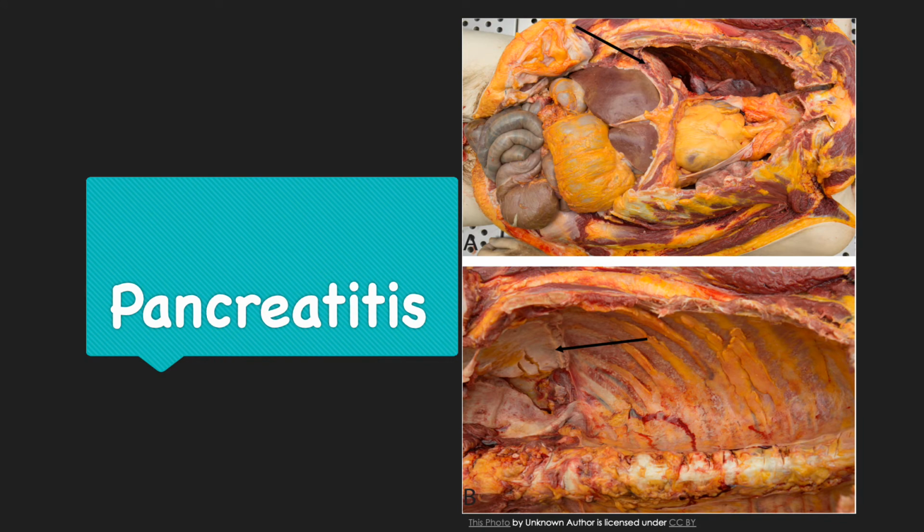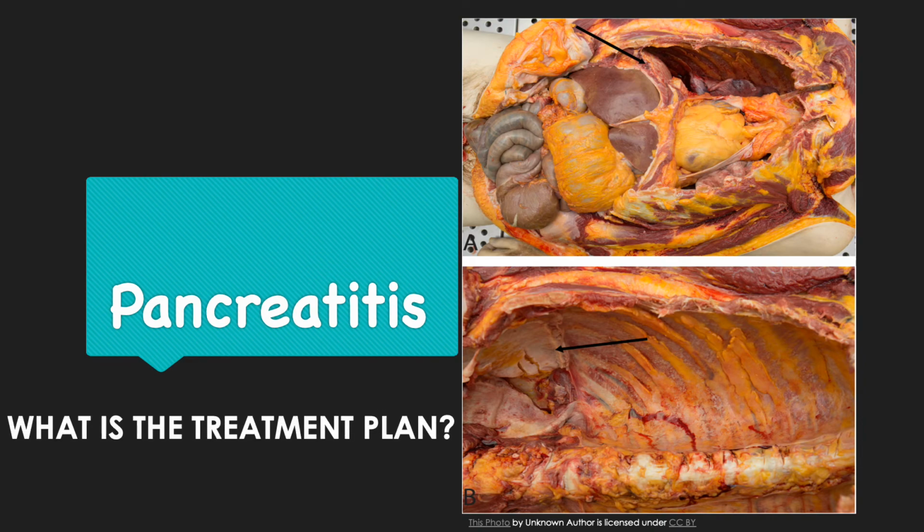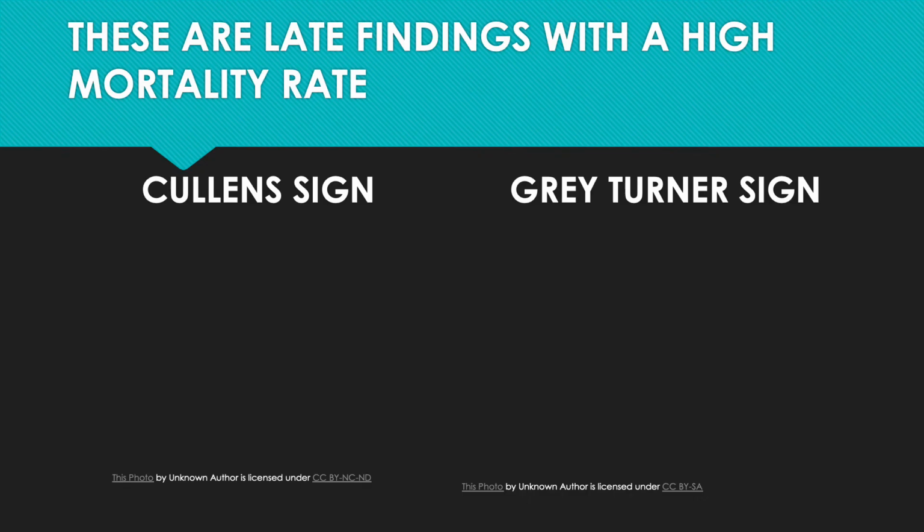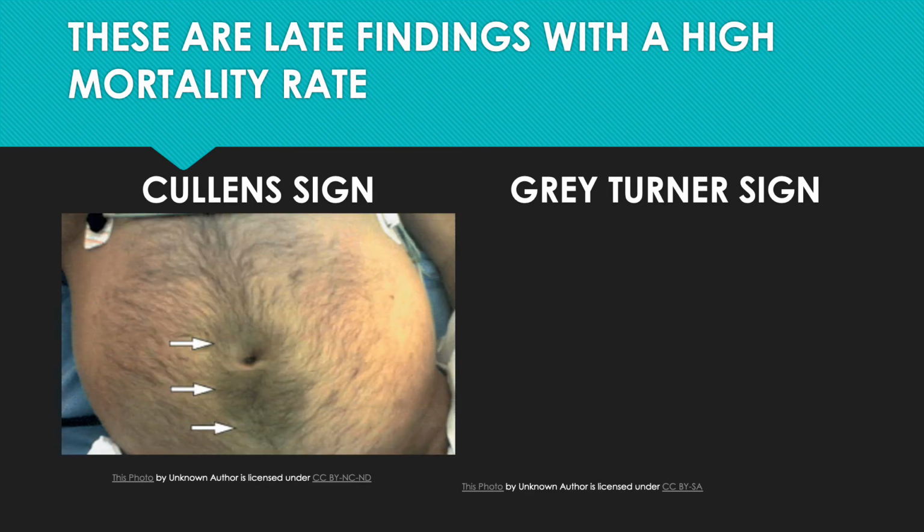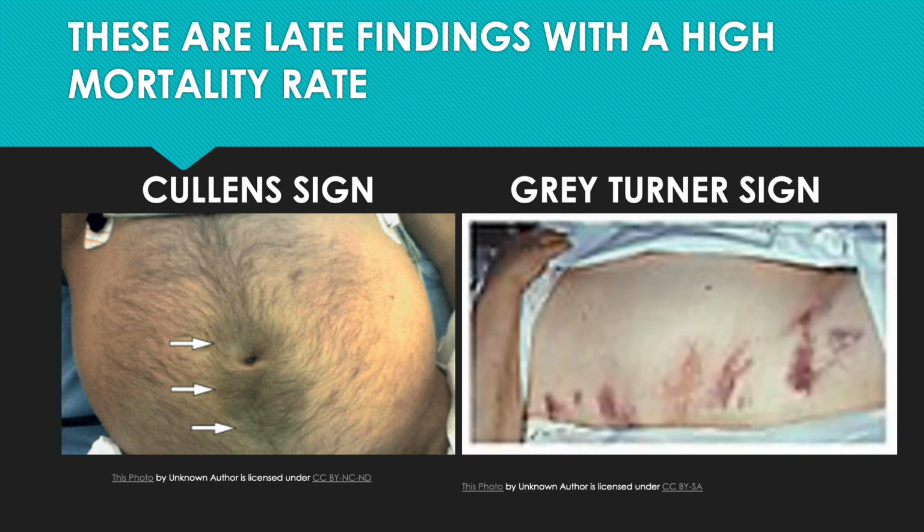And that is a gross looking picture of a pancreas. When you are examining an abdomen, what will be helpful is to note that bruising around your belly button is Cullen's sign, and bruising on your flanks is Grey Turner sign.